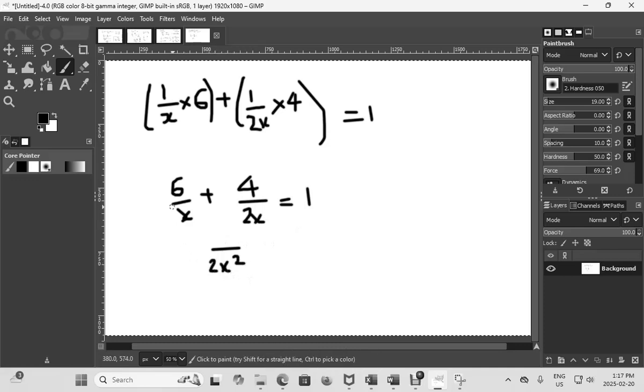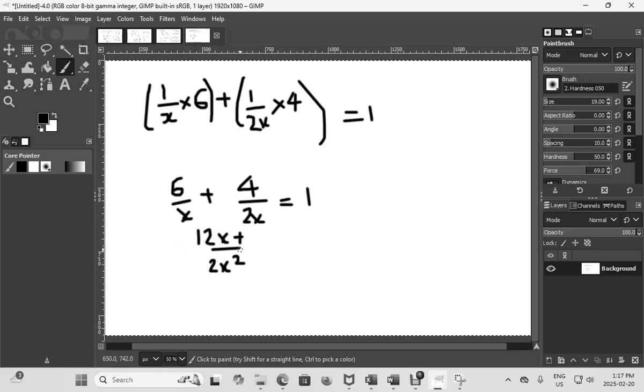The numerator here: x goes into 2x squared 2x times, so 2x times 6, which is 12x. Then 2x into 2x squared gives x, and x times 4 is 4x.